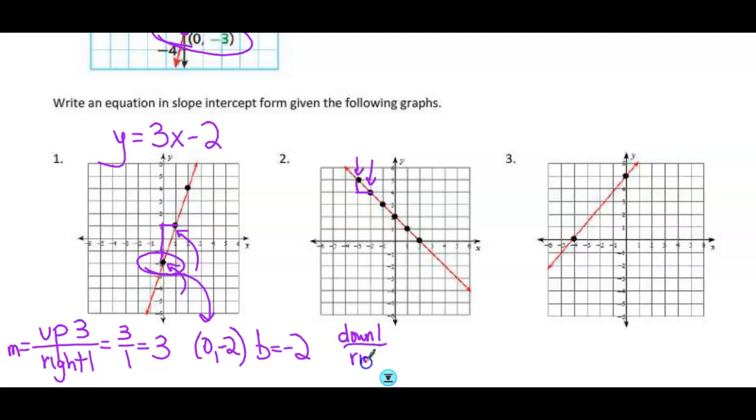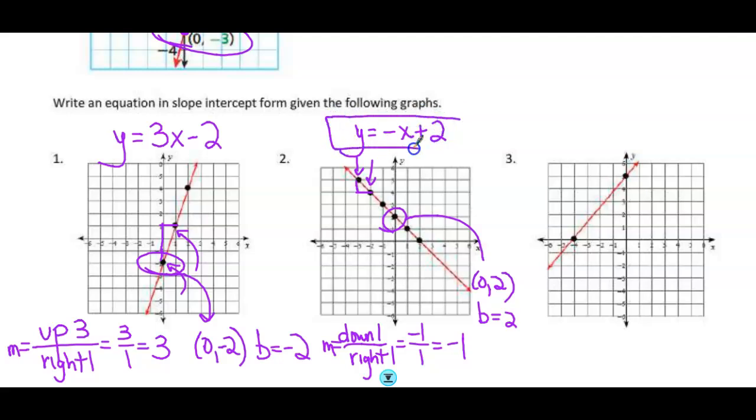Now remember, down is -1. Right is positive 1, so that's a -1 for your slope. The b is this ordered pair, (0, 2), so b is 2. So the equation would be y equals -x plus 2.